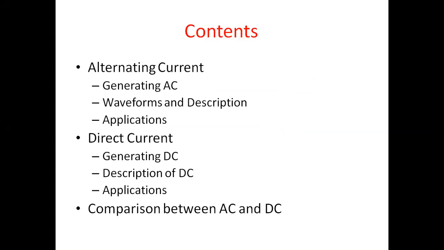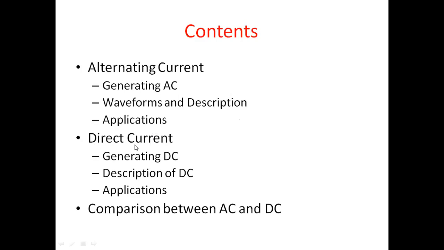What is alternating current? In that, how alternating current generates, what are the sources, then types of AC waveforms, and how to describe the AC wave. Then applications of alternating current.